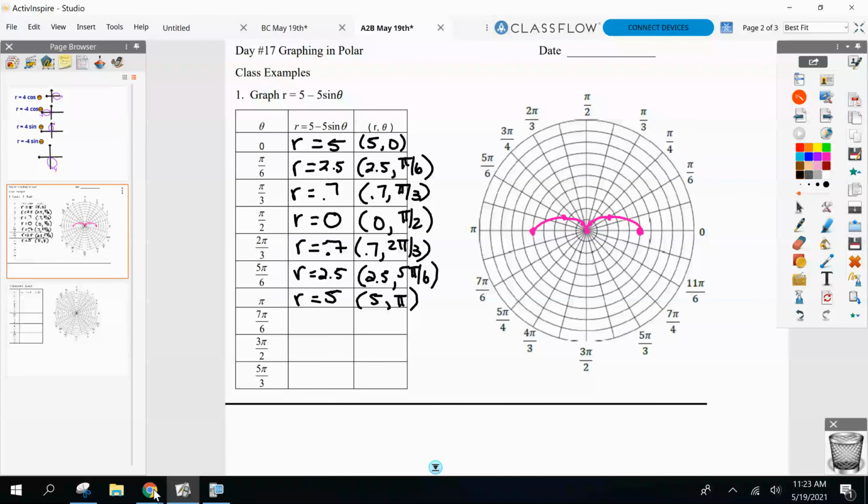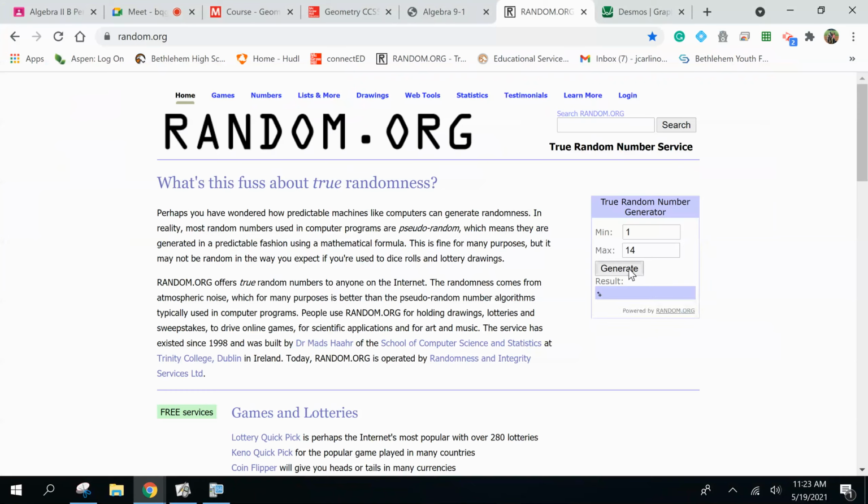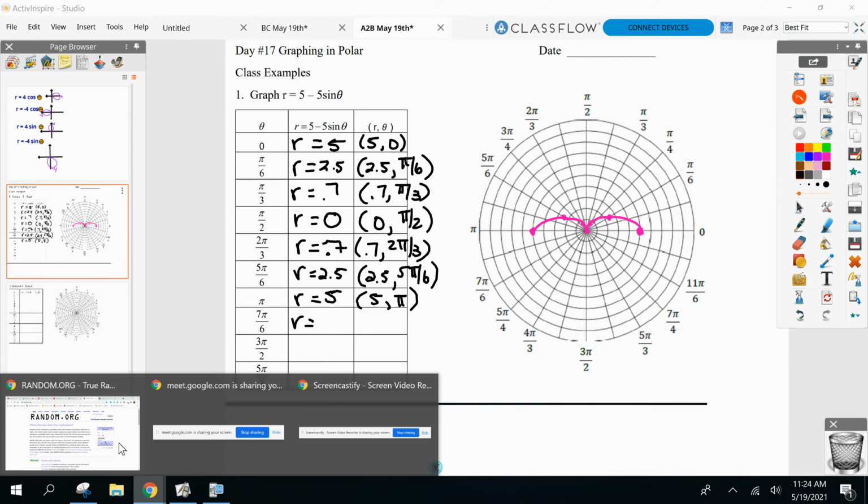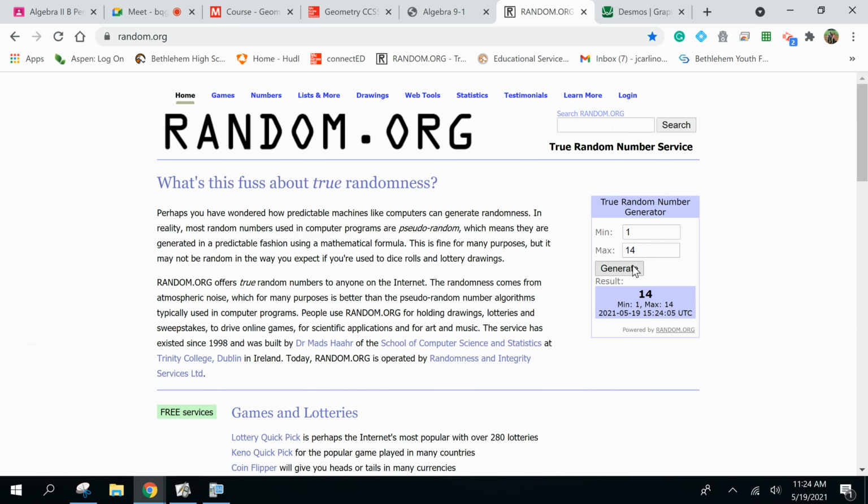All right, keep trucking, everyone. 7 pi over 6. Ella, 7 pi over 6. Our computer crashed.